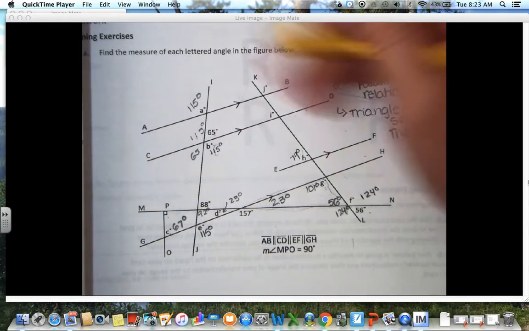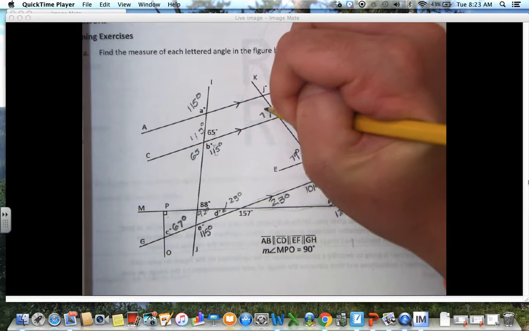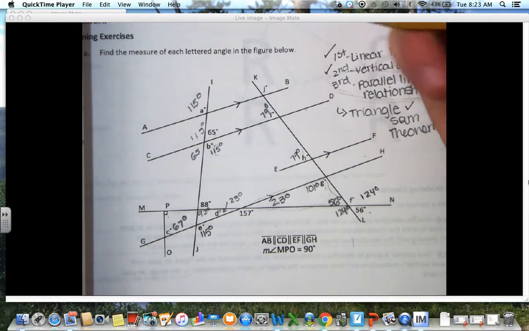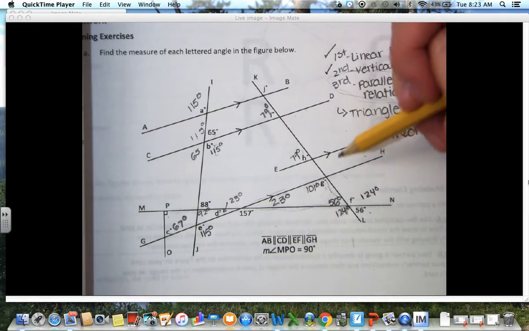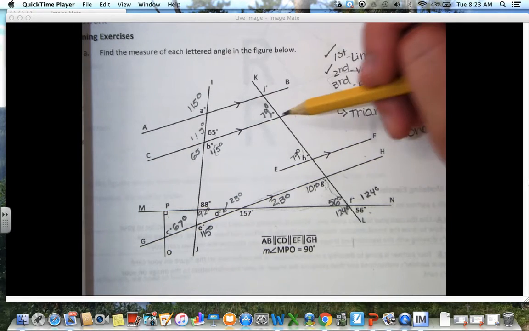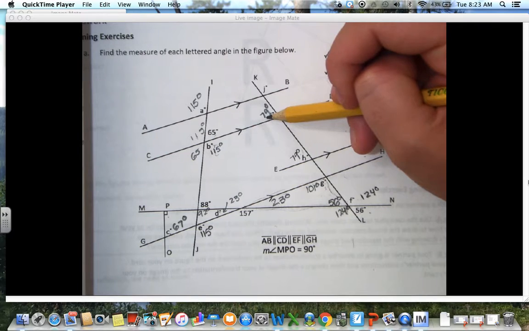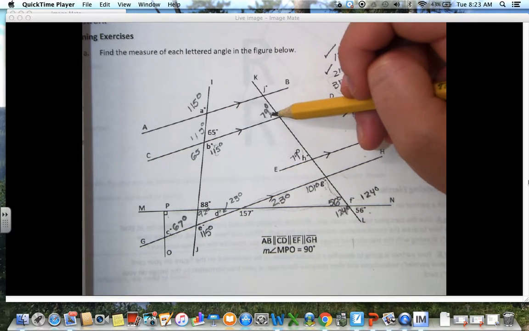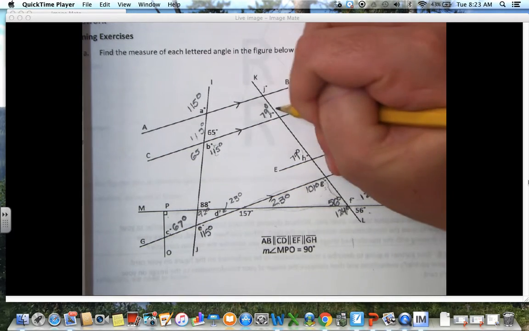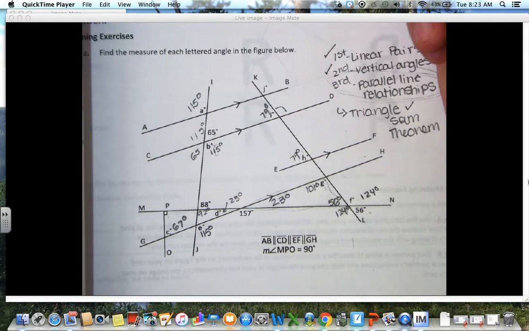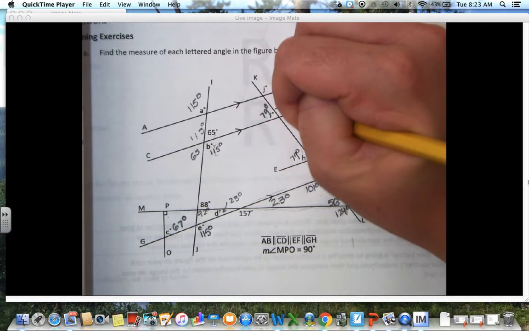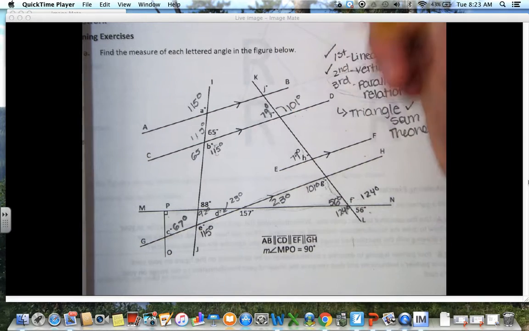So angle I is also 79 degrees. Now, we can look at this a couple of different ways. We know that angle J, which is 79 degrees, plus this angle right here is going to equal 180 degrees, which makes this angle 101, okay?